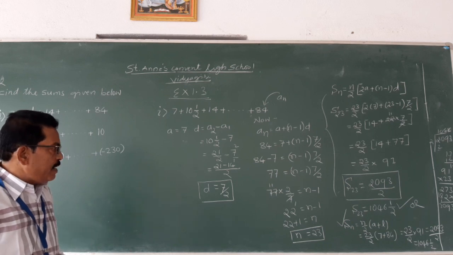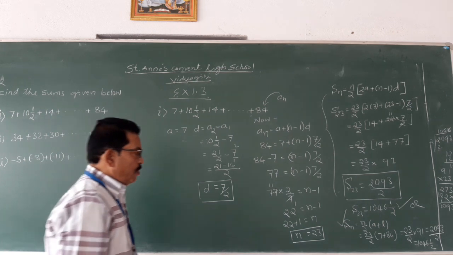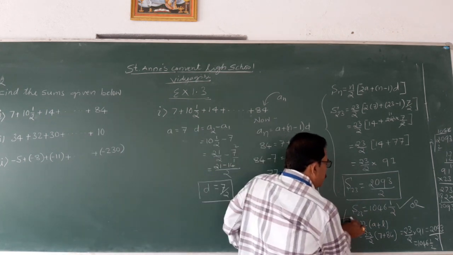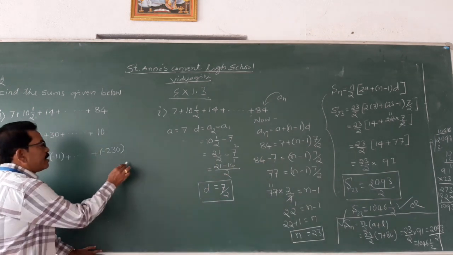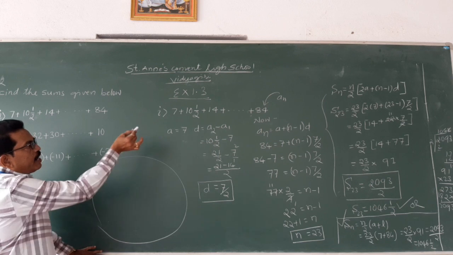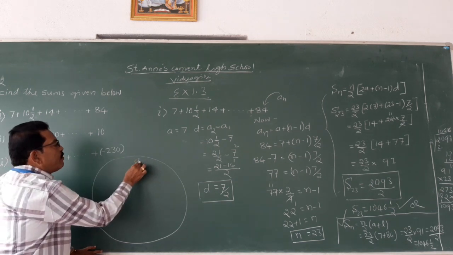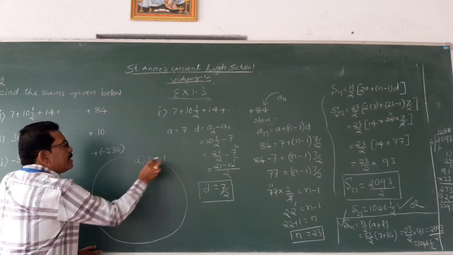Okay, see once again. If you doubt regarding this one, I will solve here once again that simplification. Here the last term is given, an equals 84, that implies l.